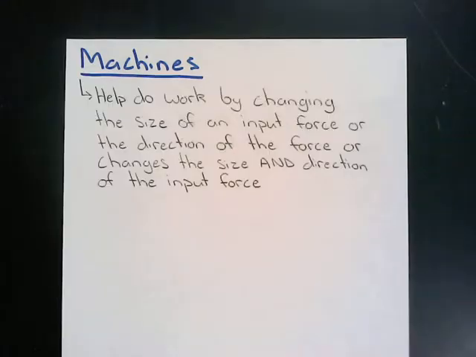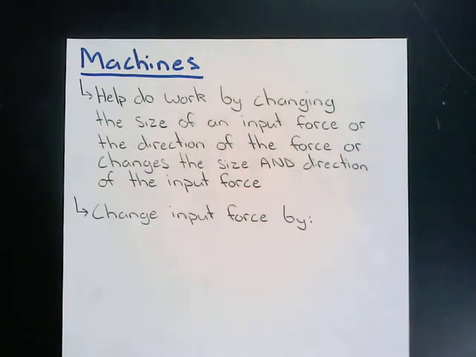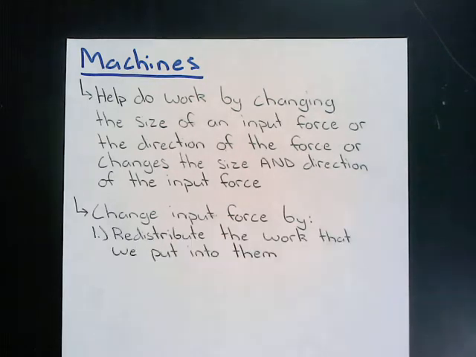So for machines, they are going to change the input force by the following two things. The first thing is that they're going to either redistribute the work that we put into them, or they can change the direction of an input force.